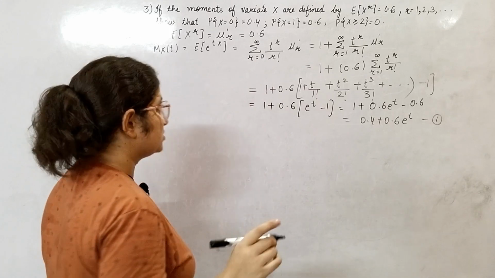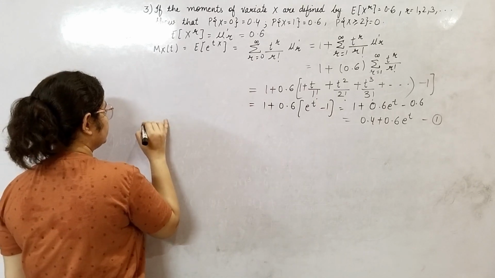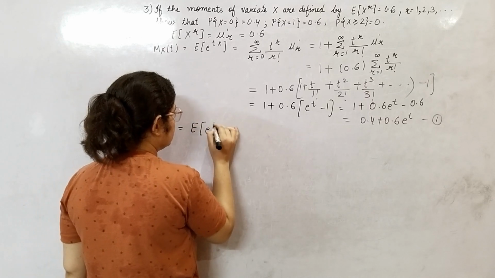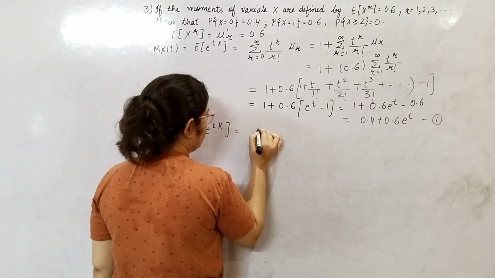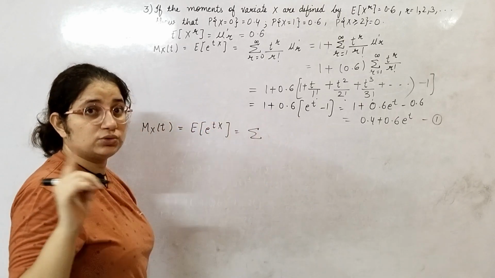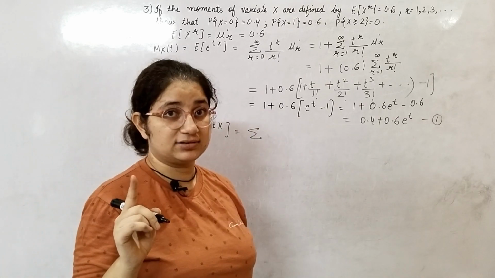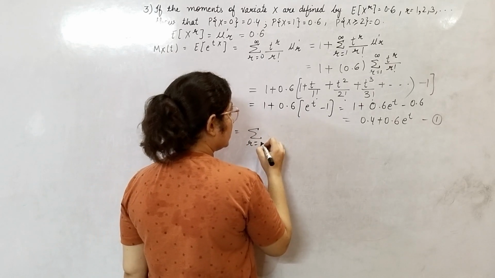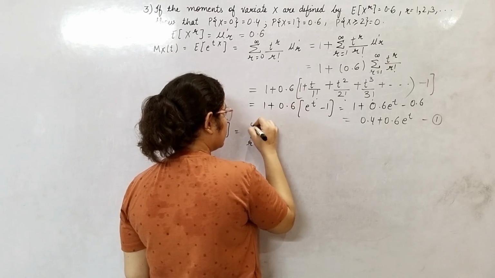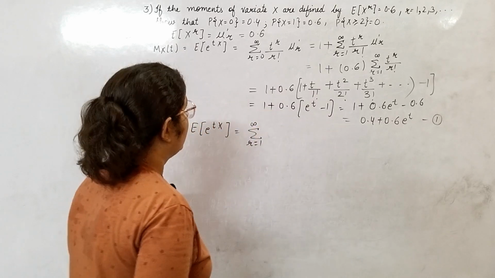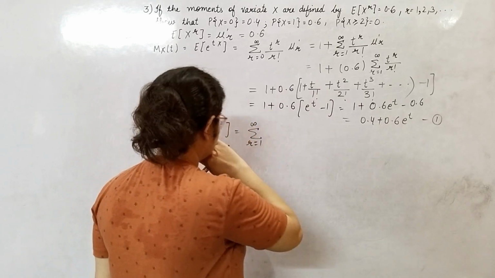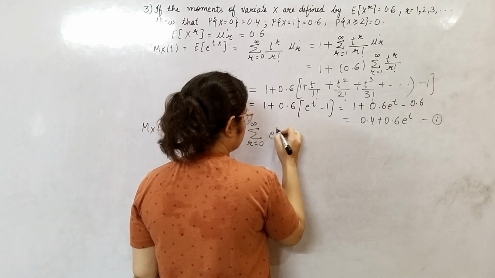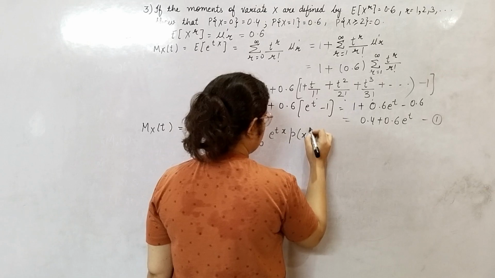Now by the definition of the MGF, what you have, e to the power tx, r is 1, 2, 3, 4, that means it is discrete. In that case the summation, I will use r from here, r is starting from 1, so directly I am writing here 1. Okay, from 0, p x.